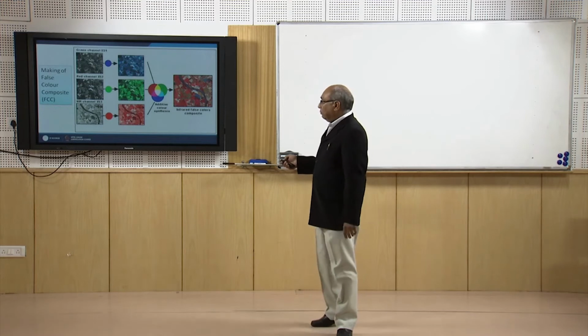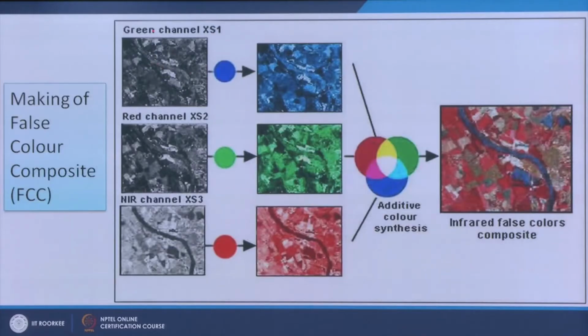So what we will see is that in different parts of the visible spectrum, the green and red channels, and blue is not in bold here. The green channel is assigned blue color in a standard false color composite, the red channel is assigned green color, and the near infrared channel is assigned red color. Because of this everything is becoming false: green channel is assigned blue, red channel is assigned green, near infrared is assigned red.